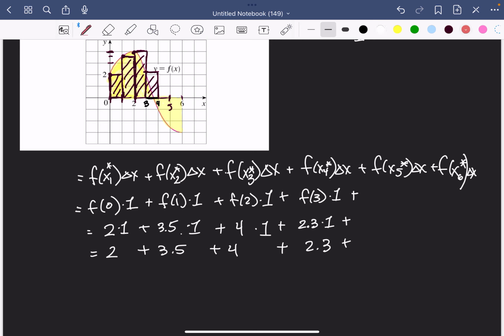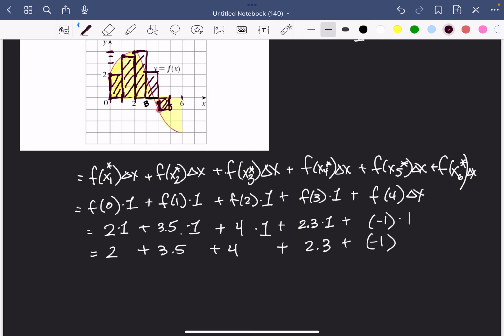Notice it actually goes down in this case, so this would be the y value, -1. So f at 4 is a negative value, -1 times delta x. So we're going to have a -1 area inside the rectangle inside of the fifth subinterval.